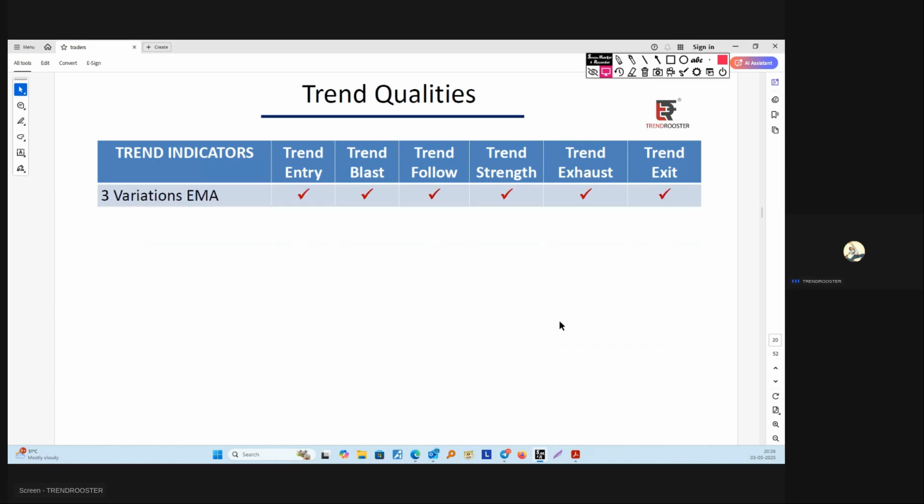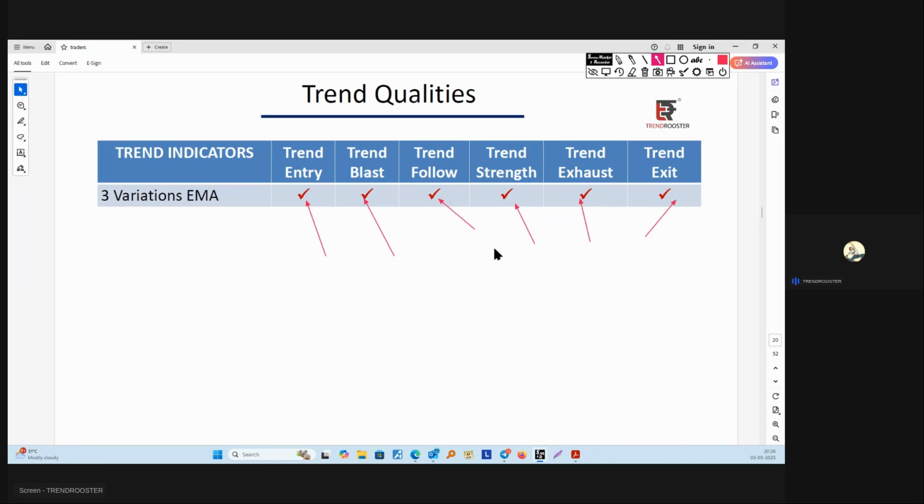Okay. So the three EMA variation or four EMA variations. We use three in TSV3 and in the advanced variation we use four. Any three EMAs, so with the 3 EMA variation you typically get trend entry, trend blast, trend follow, trend strength, trend exhaust, and trend exit.